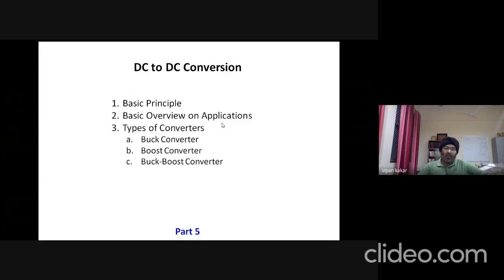And then we are ready to go for some technical details of these DC to DC converters, such as different types of converters and what technology is involved behind designing these different types of converters, their advantages and disadvantages, and their applications. So we'll be covering up this chapter in about 3 lectures.